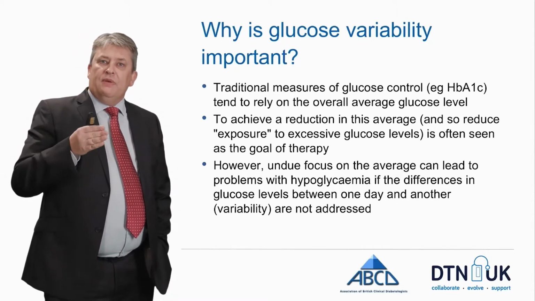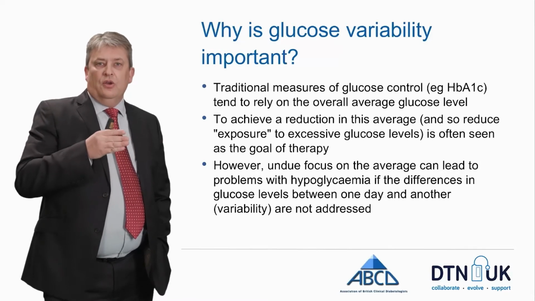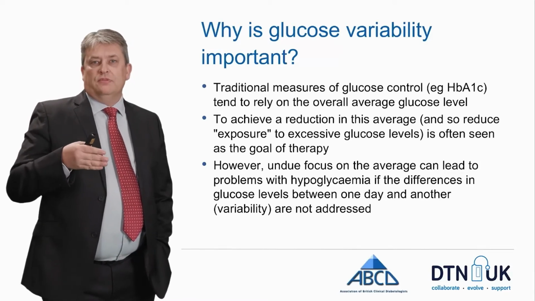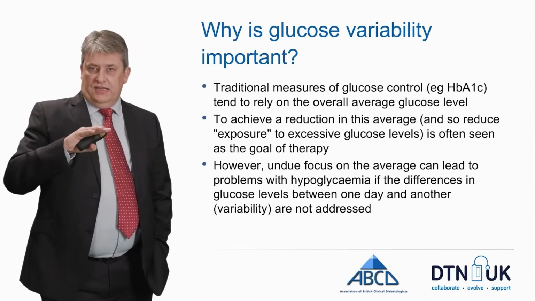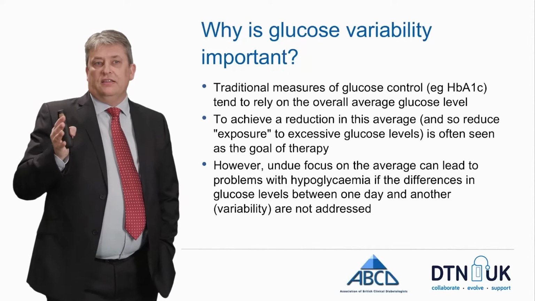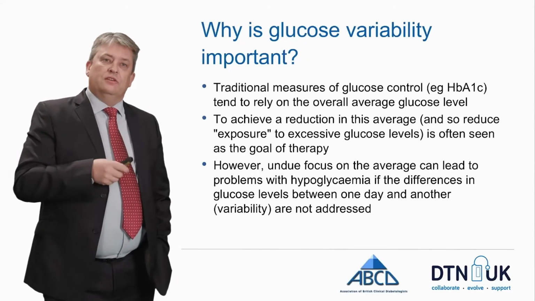However, if we make this reduction of average the only focus of our care, we know that that can lead to problems by the generation of hypoglycemia if the differences in an individual's glucose levels from one day to the next, which we term glucose variability, aren't also addressed alongside.